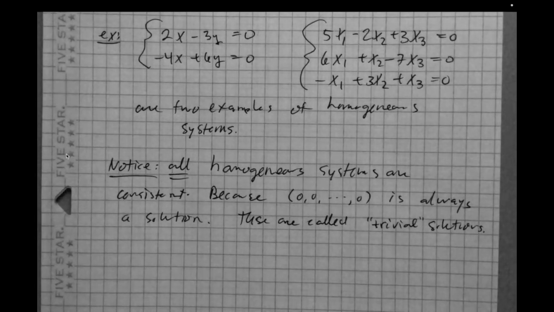Other solutions that are not all zero are called non-trivial. All homogeneous systems have at least a trivial solution. Okay. All right. Very good.